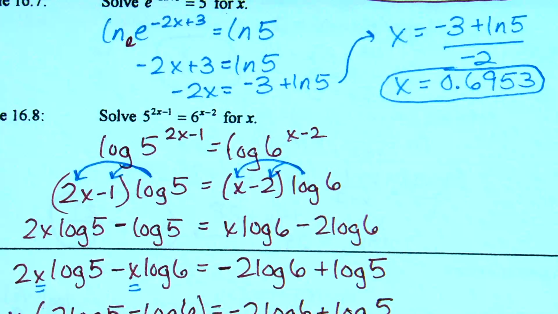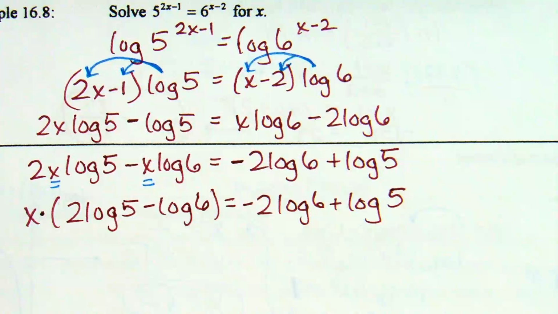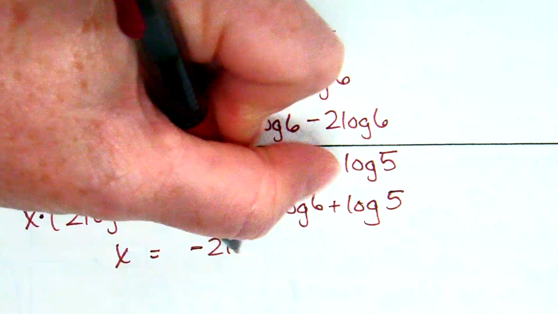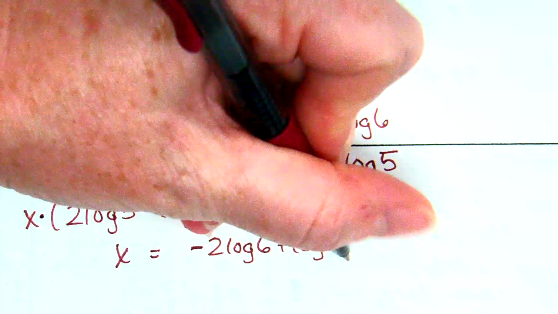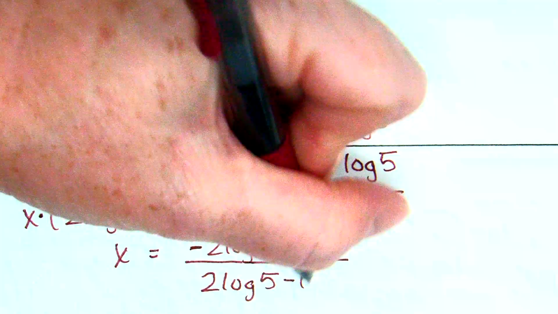If it's x times those parentheses, we're going to do what? If it's x times that big mess, we need to divide. So I'm going to write x equals negative 2 log 6 plus log 5, divided by what was in the parentheses, which was 2 log 5 minus log 6.